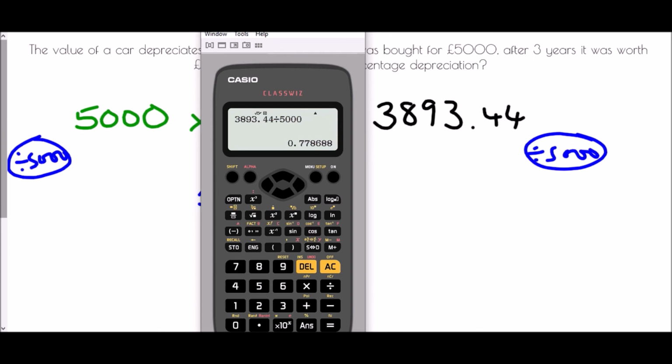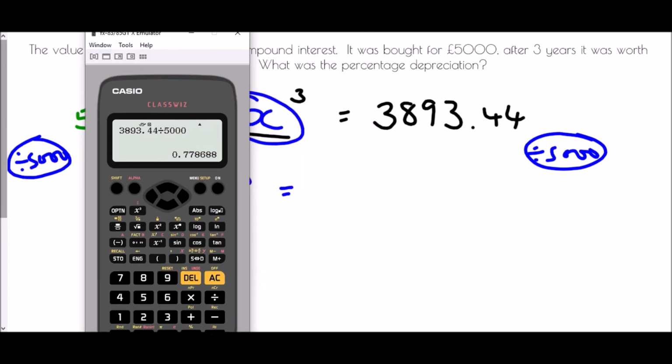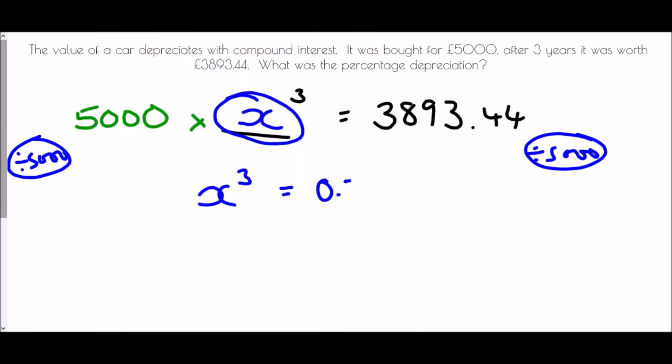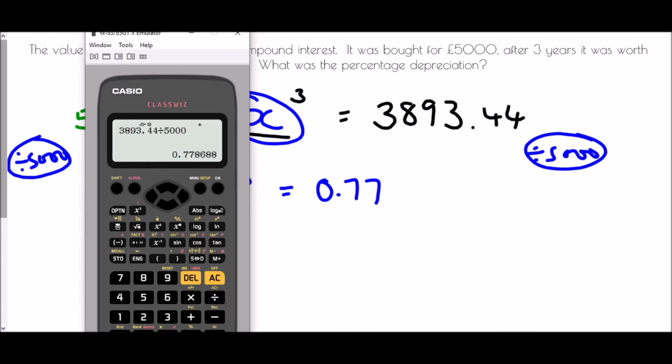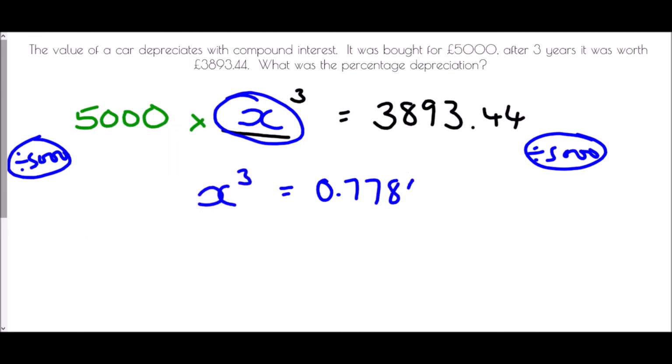That is 0.778688. But we want to find out what x is. So x is being cubed to make 0.778688.